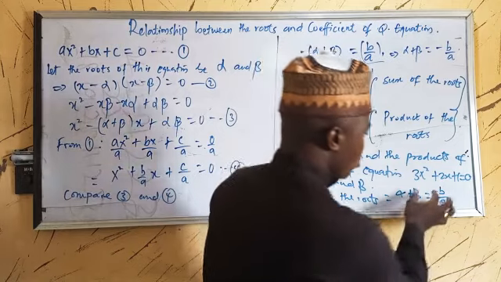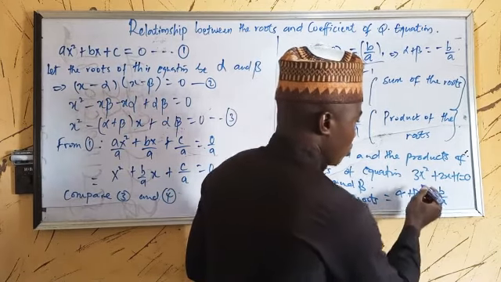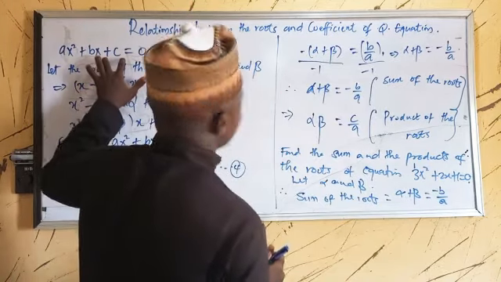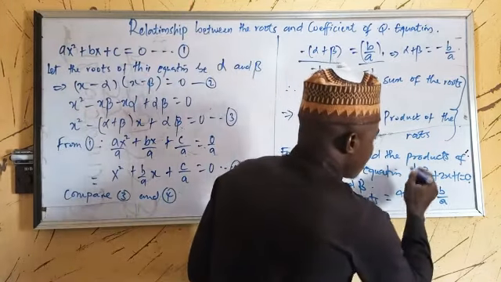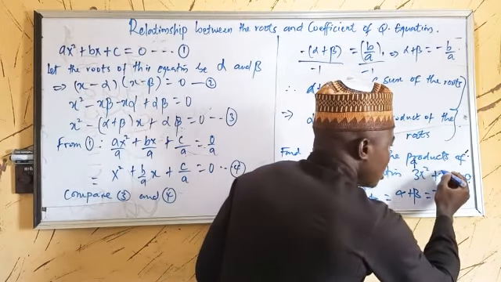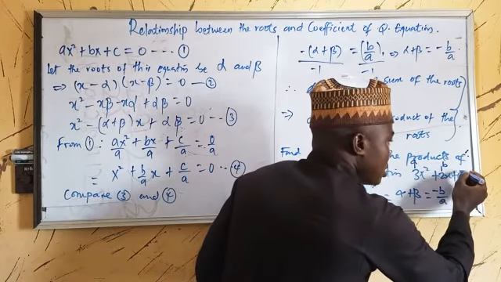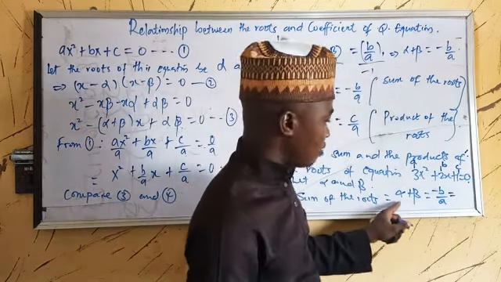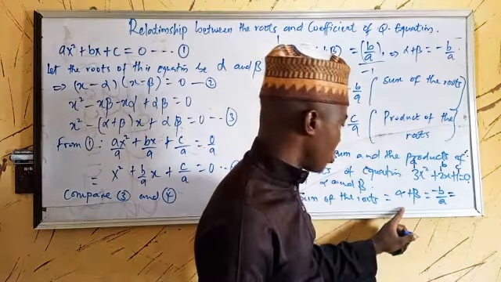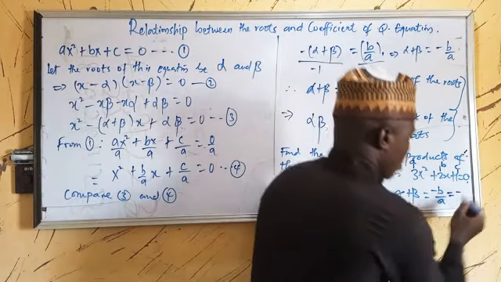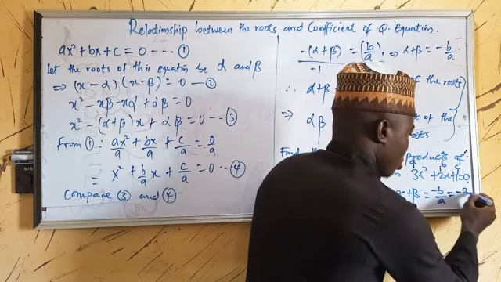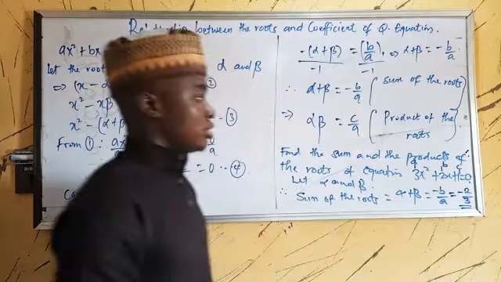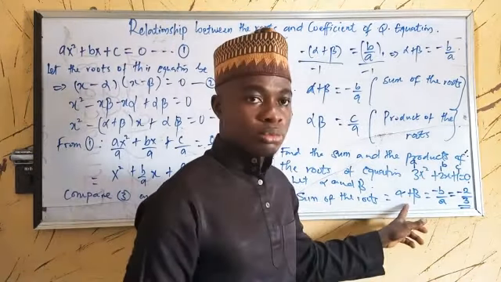Now, if you compare this equation with the general form, you can see that this is my A, this is my B, and this is my C. Therefore, alpha plus beta, the sum of the roots, is minus, what is my B? 2, over, what is my A? 3. So minus 2 over 3 is the sum of the roots.